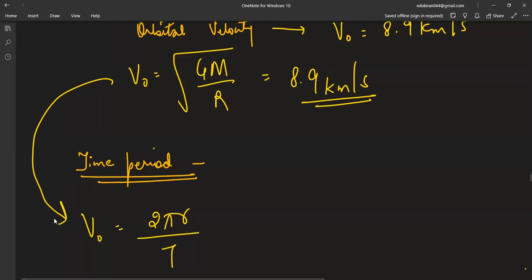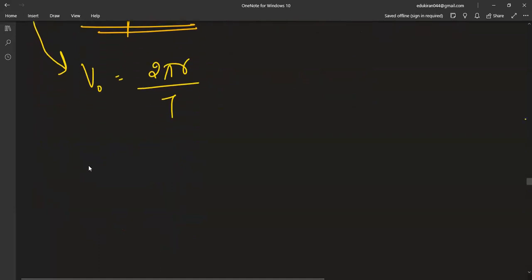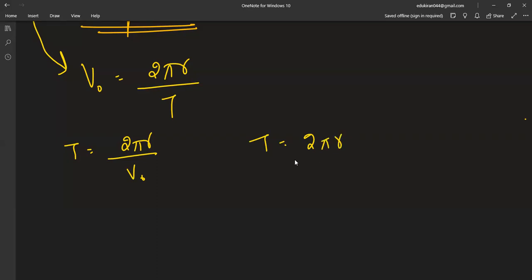Time period we don't know, so we'll call this time period 2 pi r divided by v, which we'll write as equal to 2 pi r under root GM by under root r. This is how we'll write it.